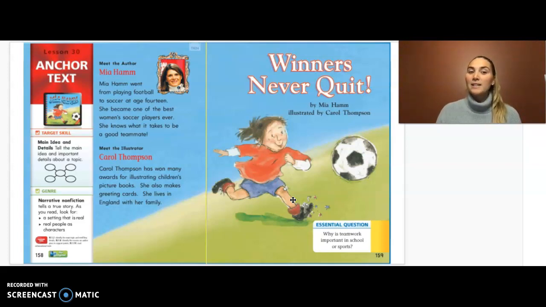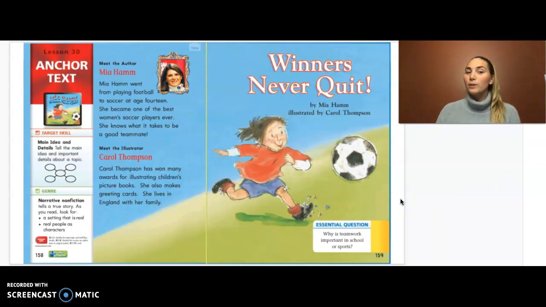It is a narrative non-fiction story. This is a story that tells a true story. As you read, look for a setting that is real and real people as the characters. Now, normally our real life stories don't have illustrations, don't have pictures like this.